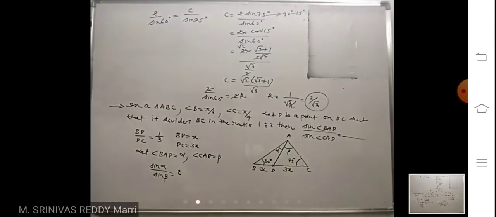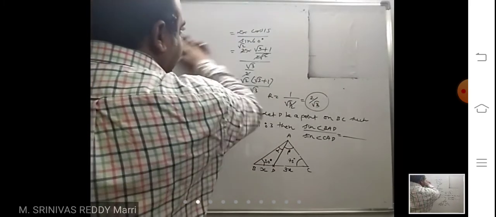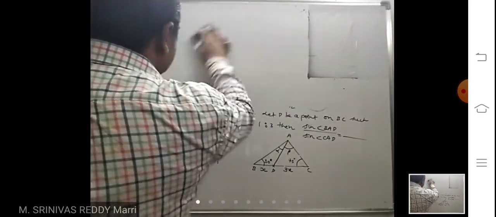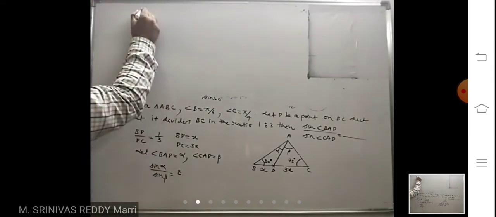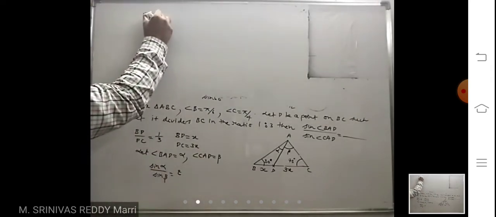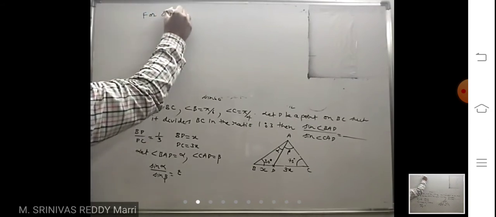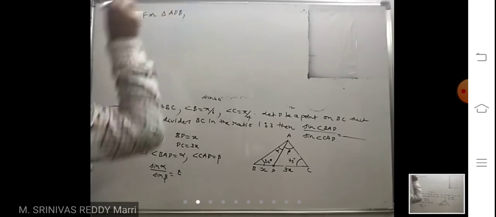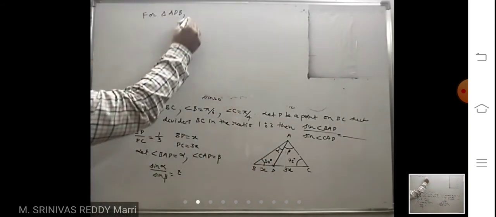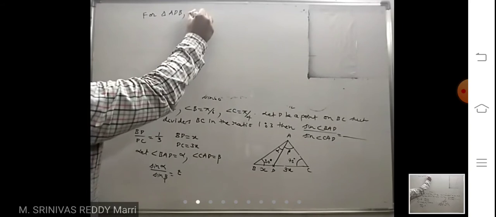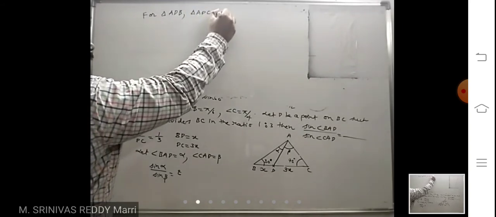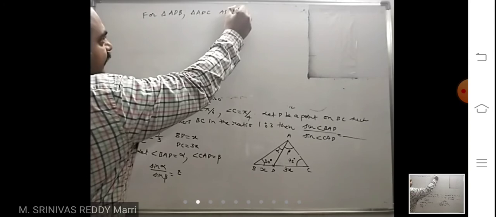See the triangle ABD, two triangles are there. For triangle ADB and triangle ADC, what is the common side?